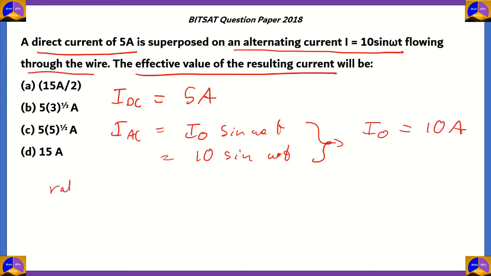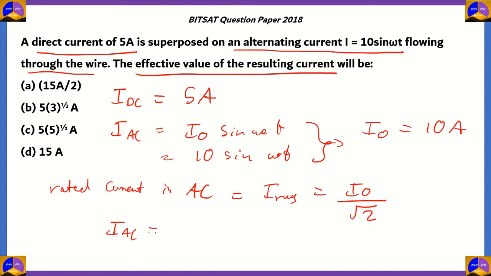So rated current in an AC circuit is equal to I_RMS, and I_RMS is often written down as I naught divided by root 2. So therefore the value of I_AC, that is I_RMS, is equal to 10 divided by root 2 amperes.